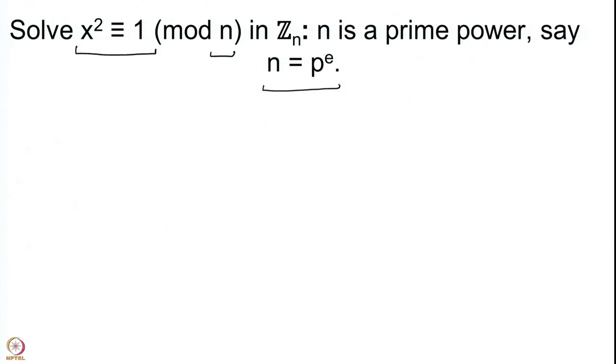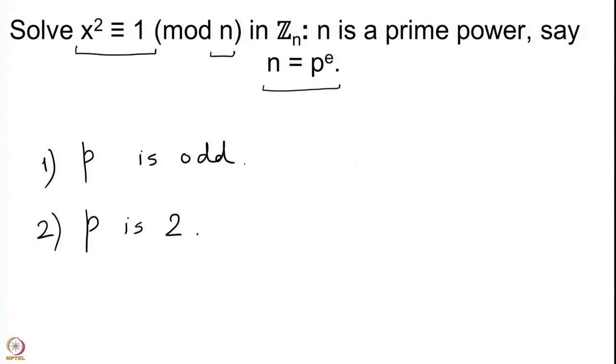This is what we are going to do. But then there are two cases. Case 1 is where our prime is odd, and case 2 is when p is the oddest of all the primes, which is that p is equal to 2. These are the two cases that we are going to study.